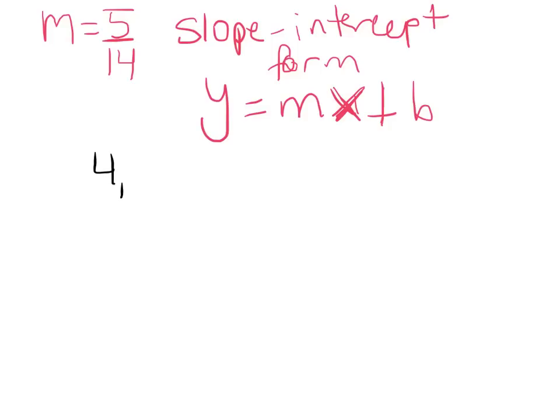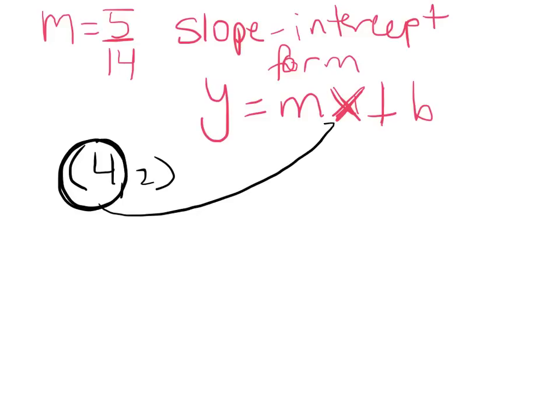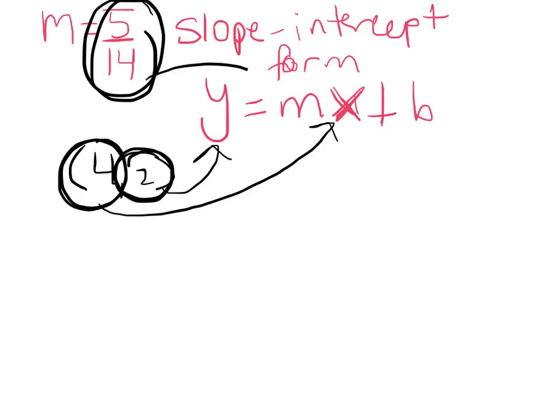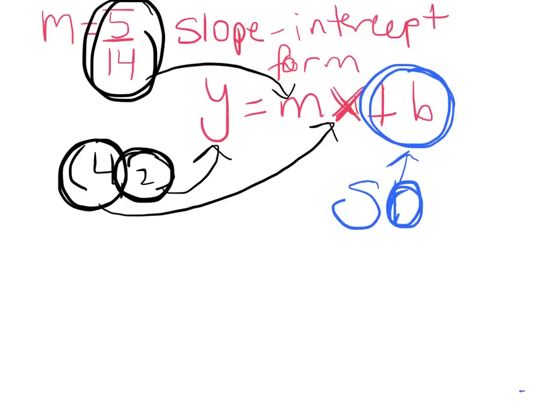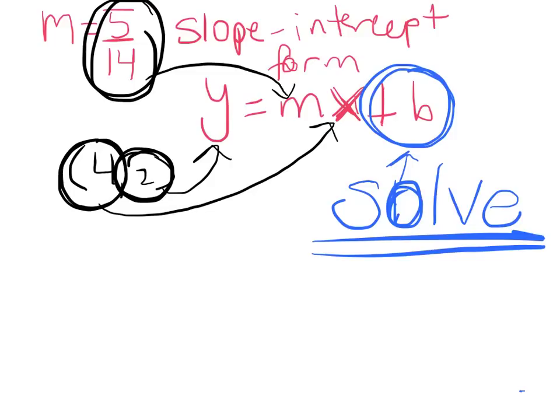I'm just going to pick 4, 2, to put into the equation. 4 is x, and 2 will be y. 5/14 is m, and we're left with the unknown b that we will solve for. This is what the equation looks like.